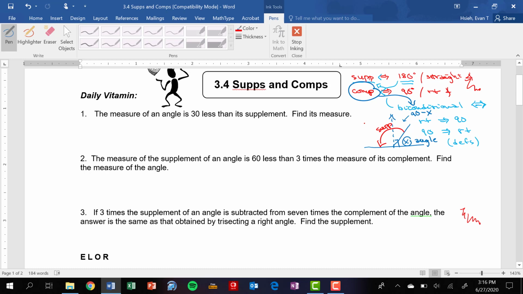That angle is represented by 180 degrees minus the original angle X.